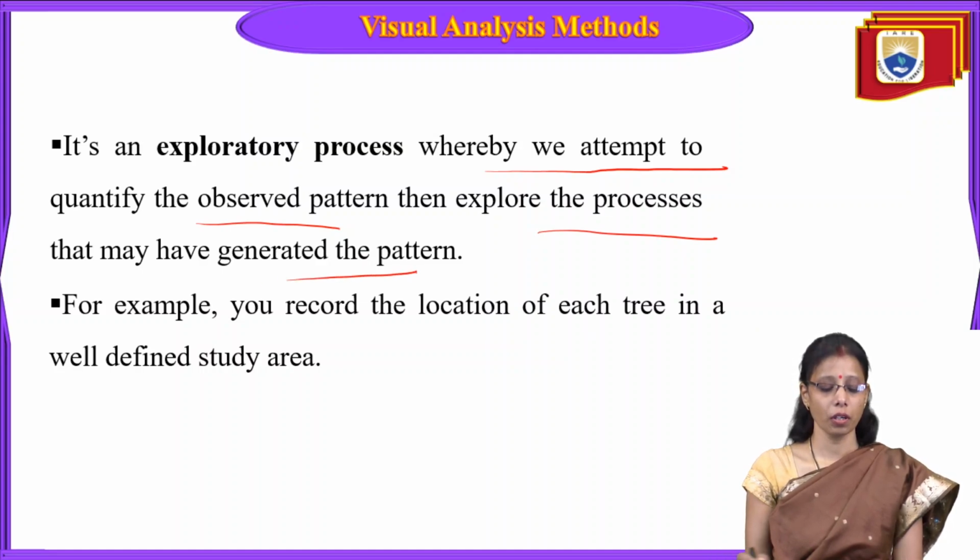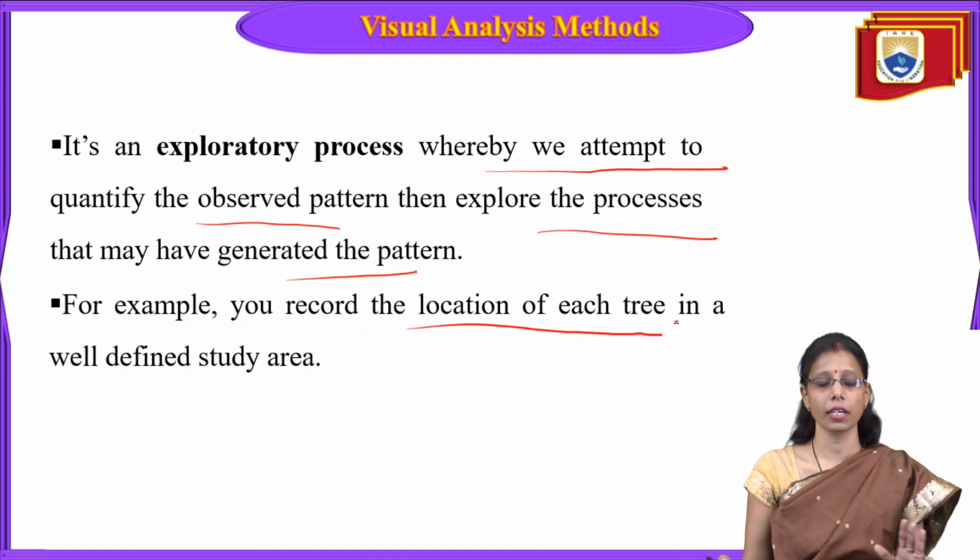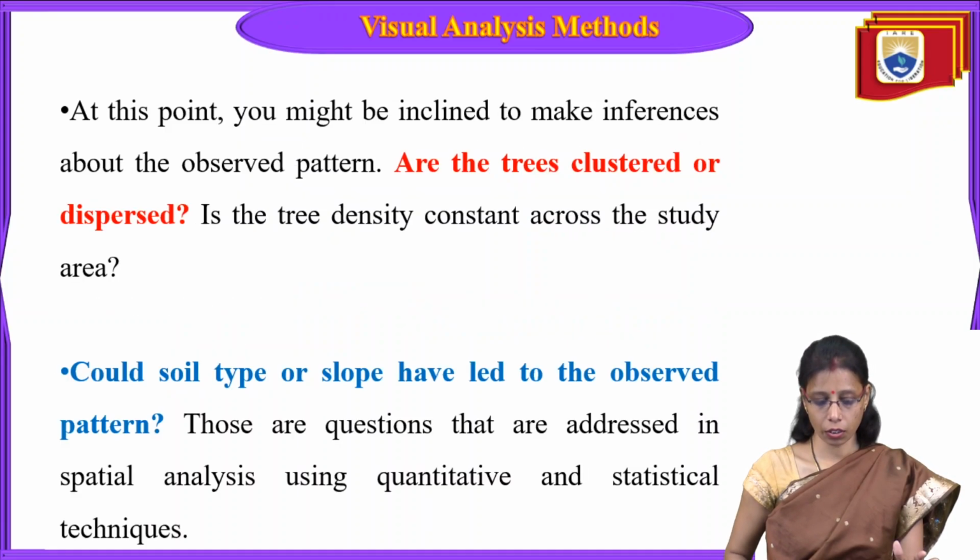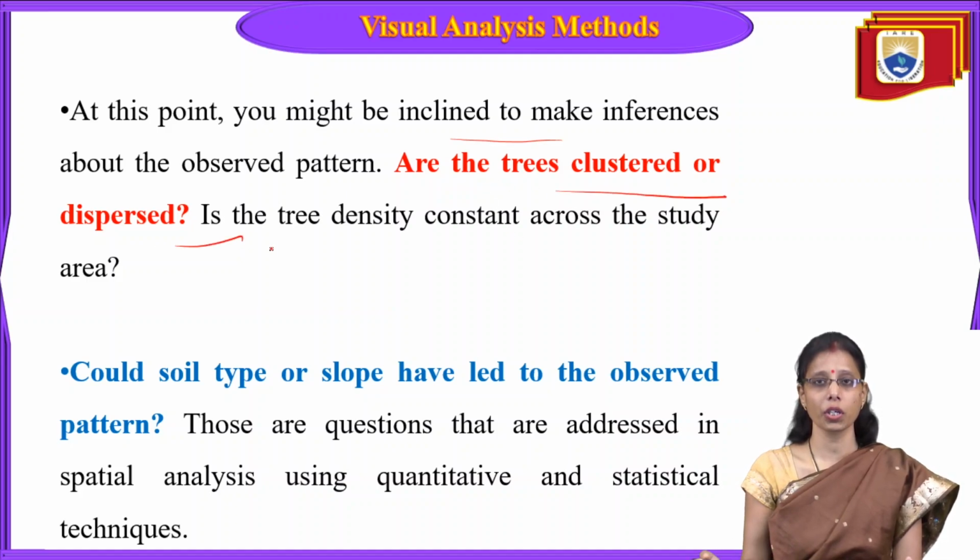For example, you record the location of each tree. These trees are all spatial data. If you record the location of each tree in a well-defined study area, at this point you might be inclined to make inferences about the observed pattern. Are the trees clustered or dispersed? We just do a query when we feed this information to the software.